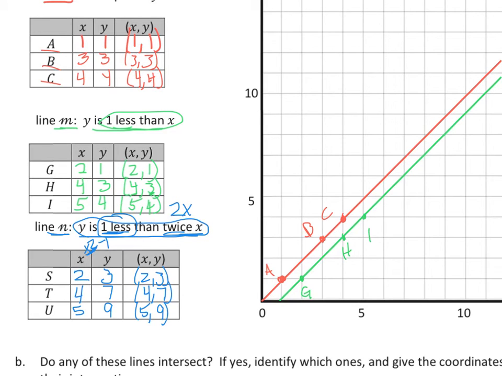Now I'm going to go over and plot these. And again, I have S, T, U. So I'll go to 2 and go up to 3. And I see it's right here in blue, and that's S. And then I have 4, 7. So 4, 1, 2, 3, 4, 5, 6, 7. That's T. And then U is 5, 9.